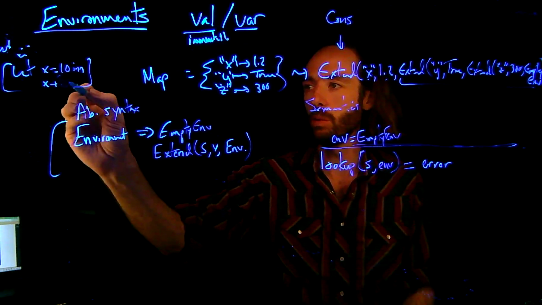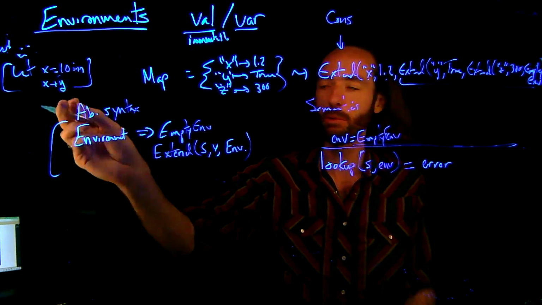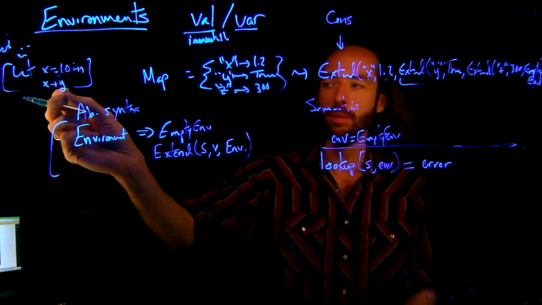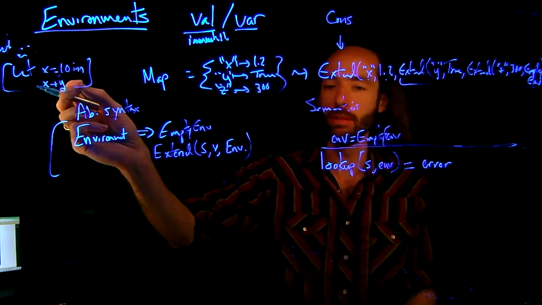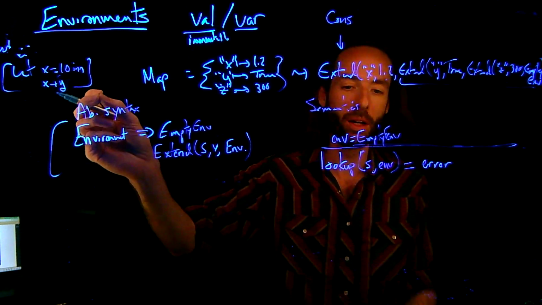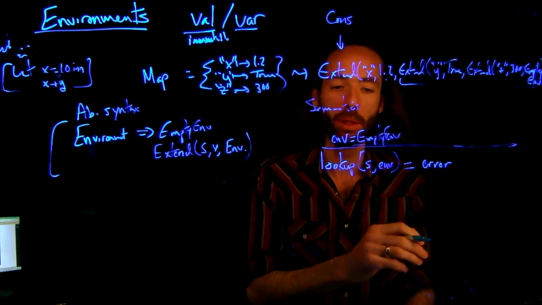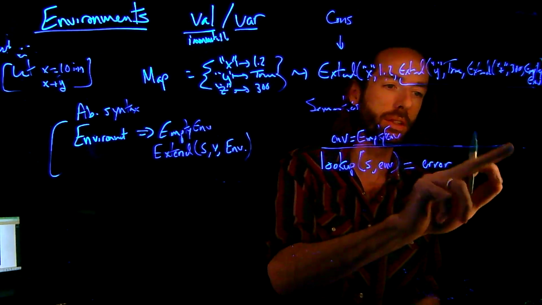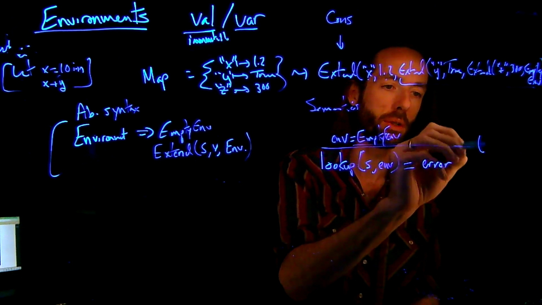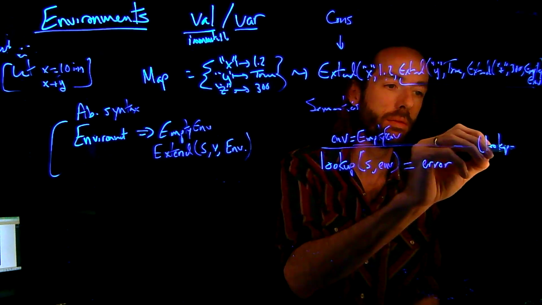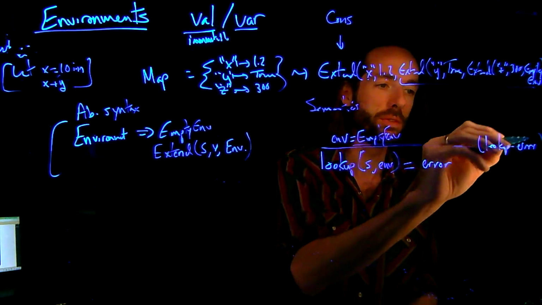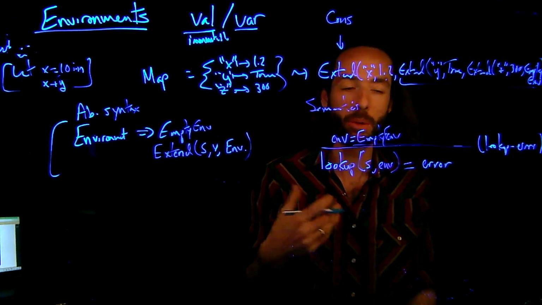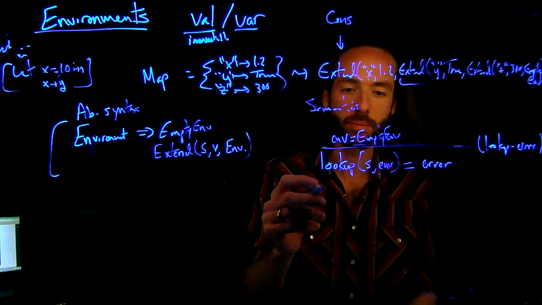For instance, if we had y plus x plus y over here and we're looking up y, we would eventually get to an empty environment where this would turn up as an error. So this is rule number one, right? So maybe we'll call it lookup error. It's always useful to name the rules, so that way we can know which ones we're applying.